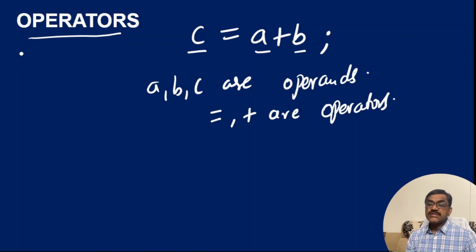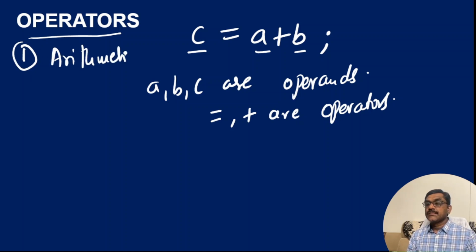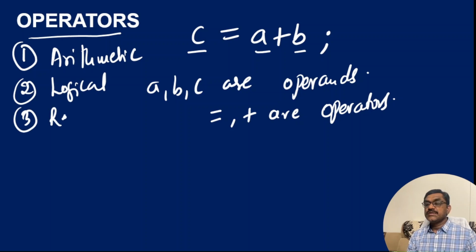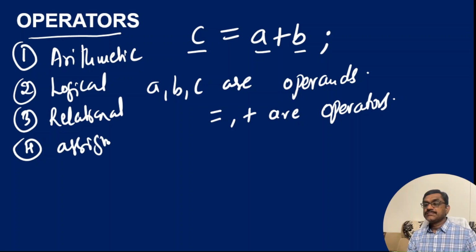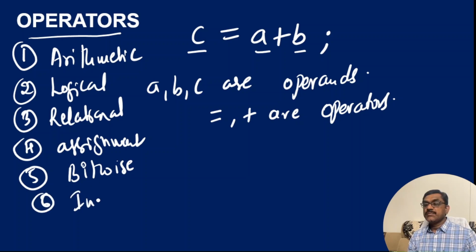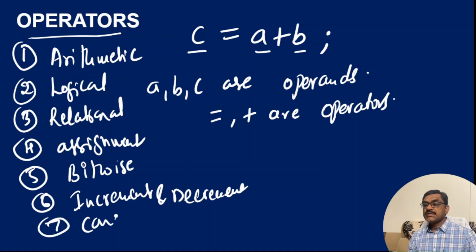Now let us see how many types of operators there are. Operators are divided into, first one, arithmetic operators, second one is logical operators, third one relational operators, fourth one assignment operators, fifth one is bitwise operators, sixth one is increment and decrement operators, seventh one conditional operator, and eighth one special operators.